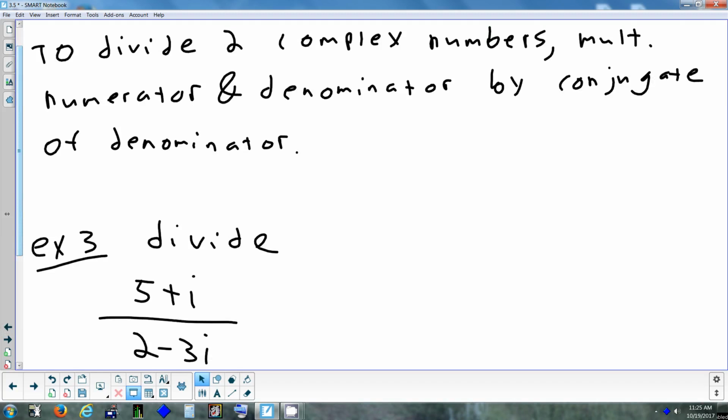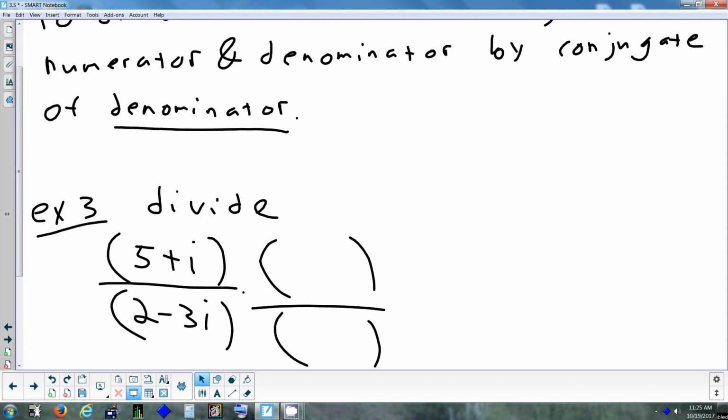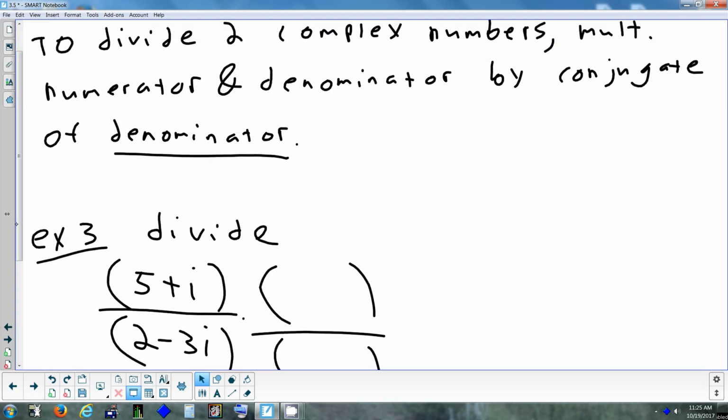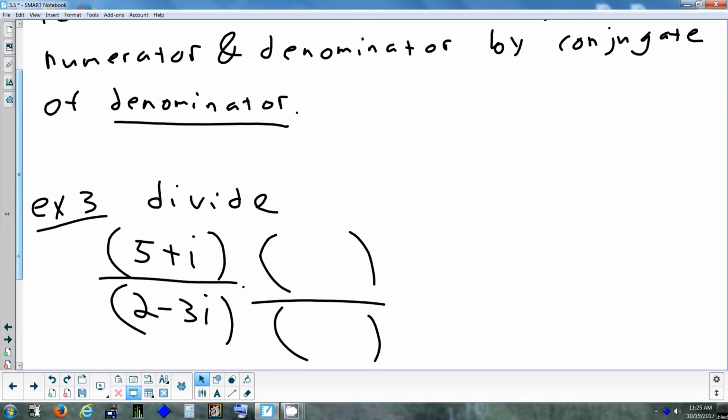Okay, don't do the conjugate of what's in the top. That won't help. It's the conjugate of what's in the bottom.